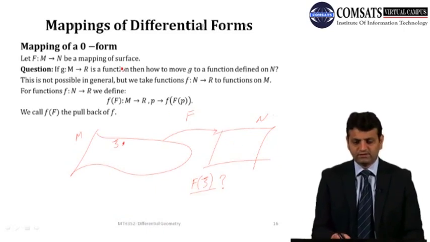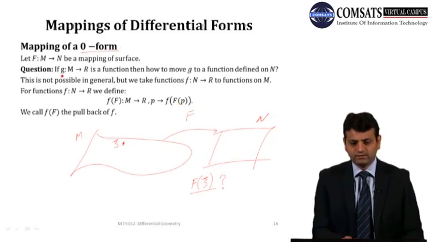So let's first consider the zero forms, which are just functions from M to the real line, and functions from N to the real line. So let's start from the zero forms. Let g from M to R be a function, and it's a zero form on M. So basically there is a function taking each and every value of M to the real line.